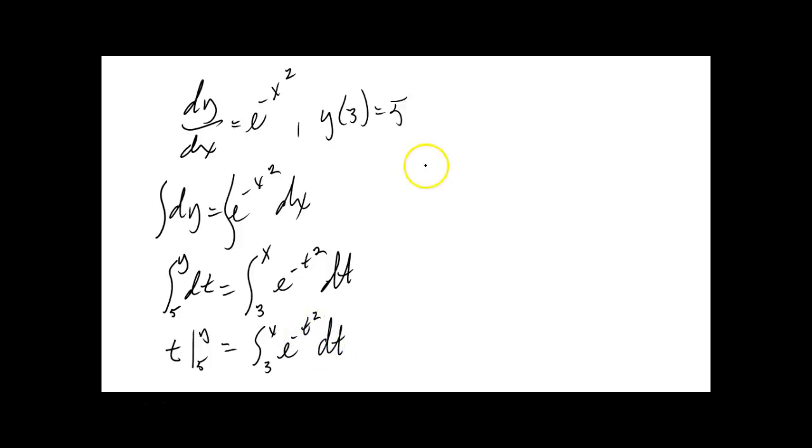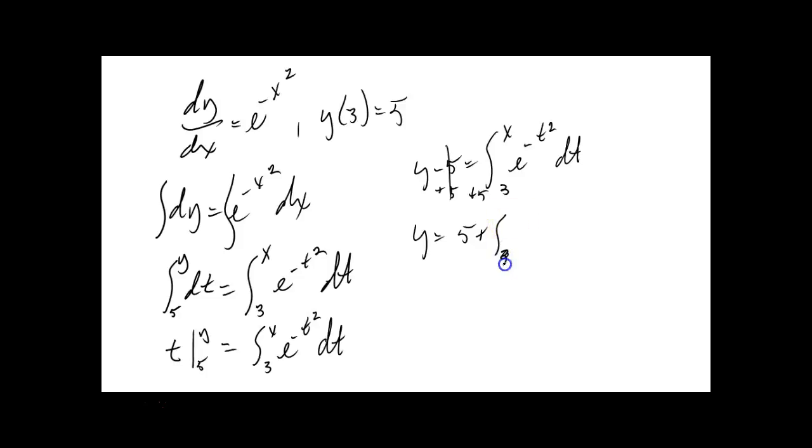And that would be y minus 5 is equal to this integral, 3 to x of e to the minus t squared dt. So this would be y is equal to 5 plus, add 5 to both sides, the integral from 3 to x of e to the minus t squared dt.